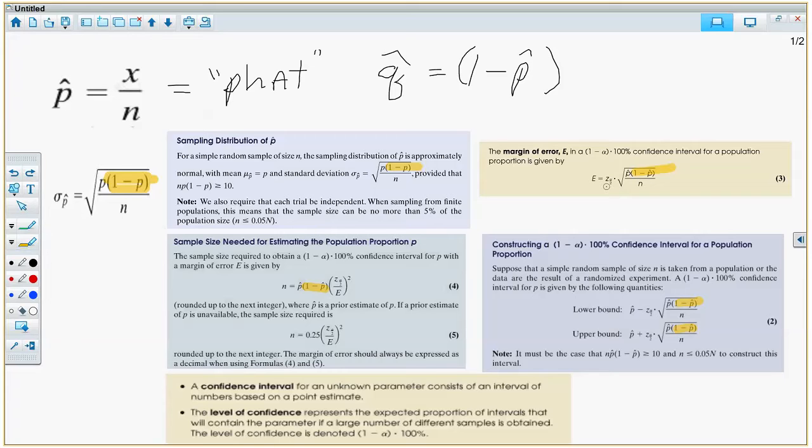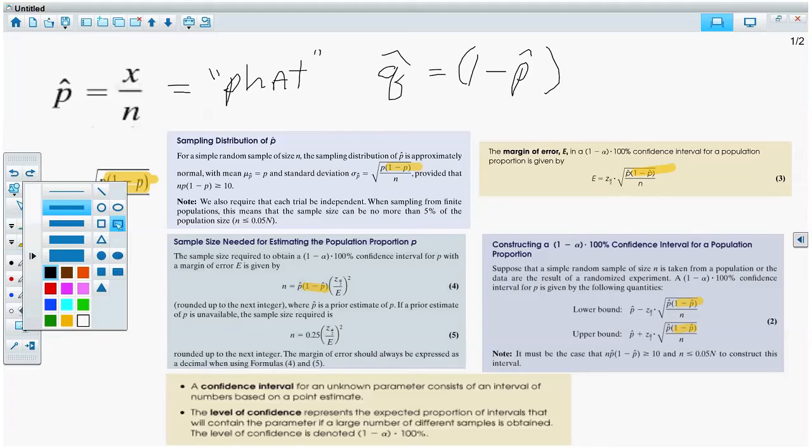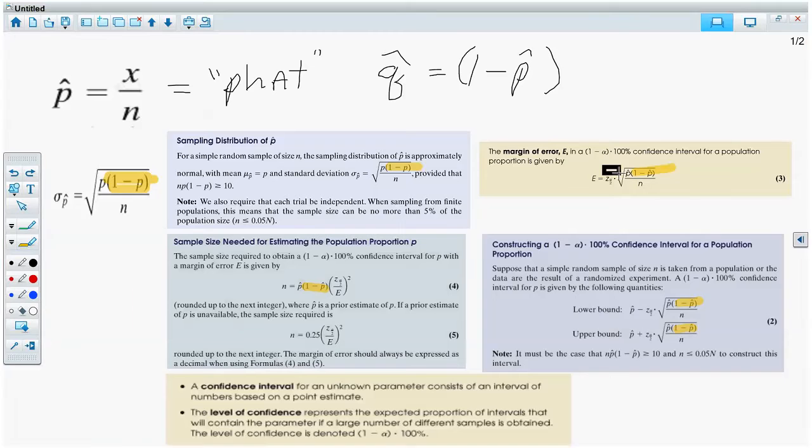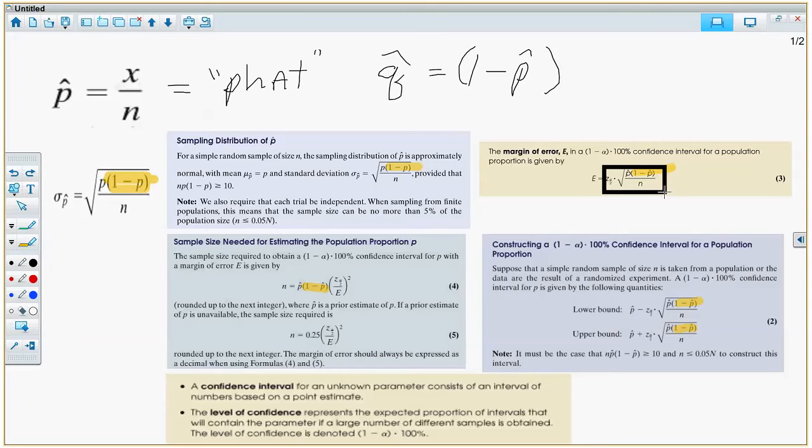Now, if you notice this, I'm sorry. Let me use a rectangle, see if I can make a rectangle. So shapes, rectangle. This right here is the same as that right there, see?